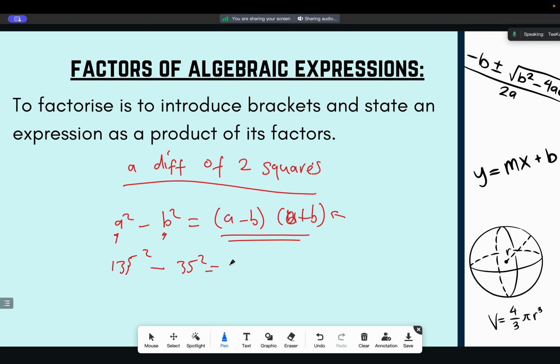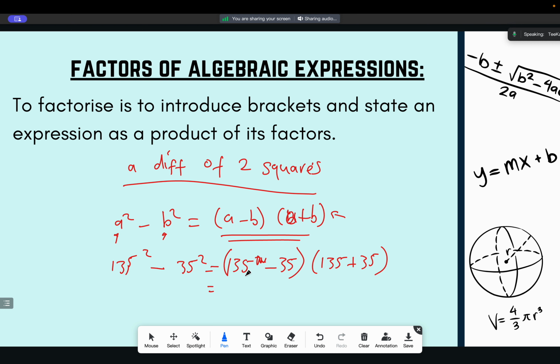We say 135 minus 35, and 135 plus 35. Here we don't have squares anymore.